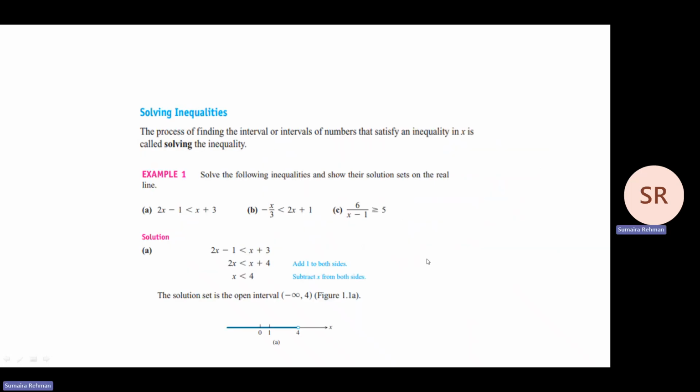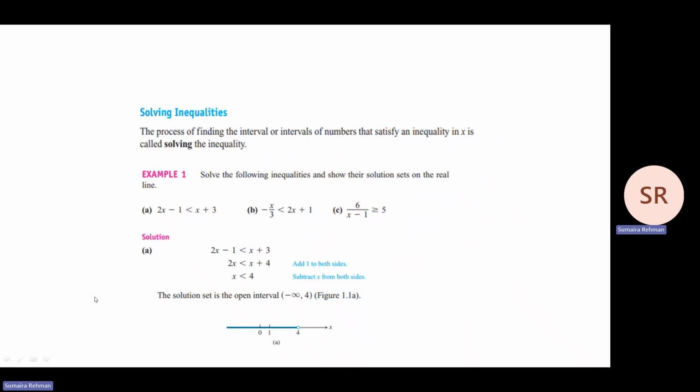Now here is the solution of inequalities, and I already shared with you a few problems on how we can solve inequalities. So I am not going to give you a detailed explanation of these examples. You have to understand and solve all these examples on your own.